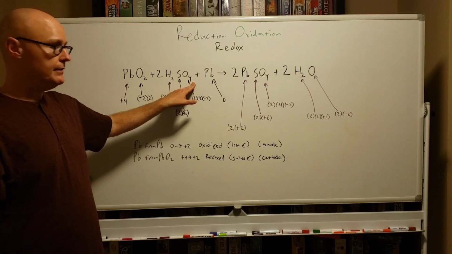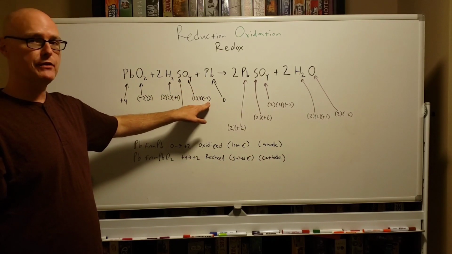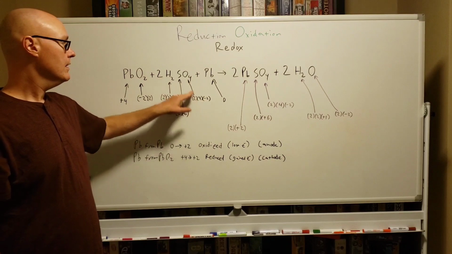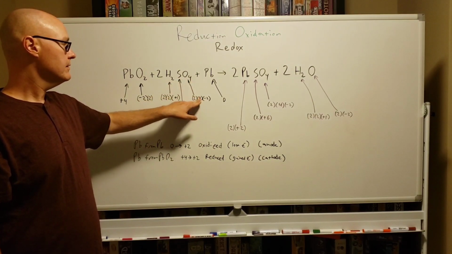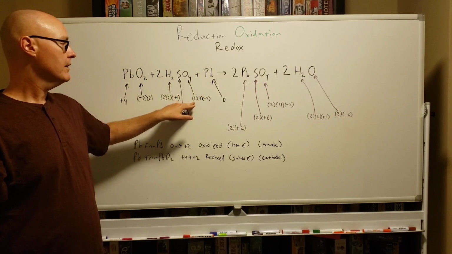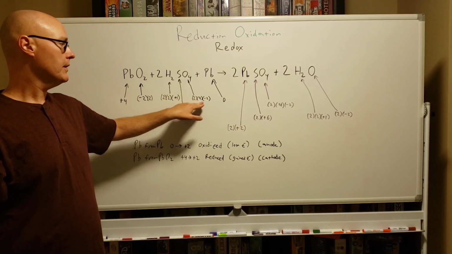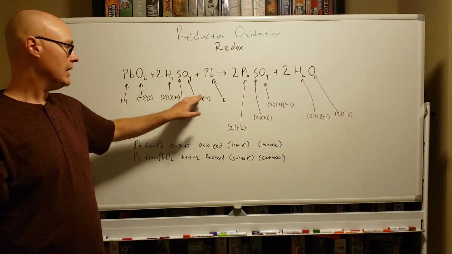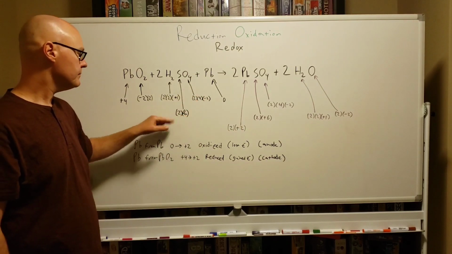Using the rule for oxygen, I have -2 for the oxidation number. There are 4 of these for each molecule. There are 2 molecules. Therefore, I have 2 times 4 times -2. That would be -16.